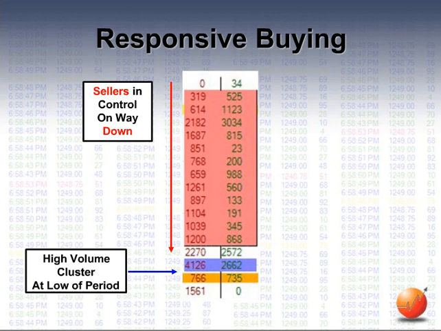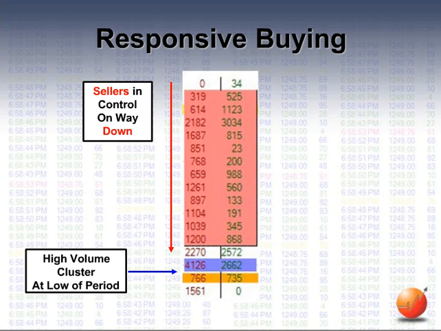So just on the sell side alone, in 3 or 4 price levels there, we have maybe 10,000 contracts going short, give or take. Okay, well, nowhere else in that period do I see anything like that in consecutive price levels except for all the way at the top, which was probably originally the high volume, 2182 and maybe 1687, right?